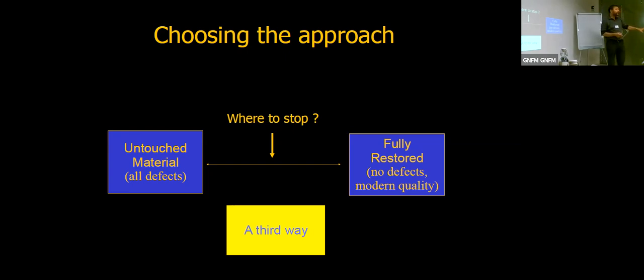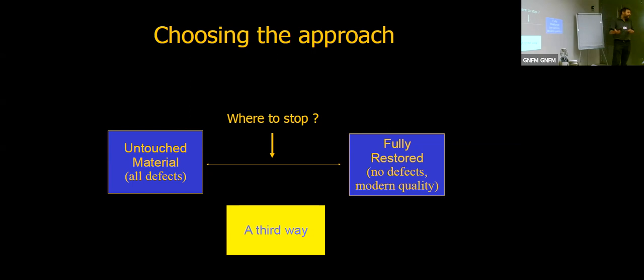In some cases, the Cinematheque has this very simplistic approach. They say, okay, I don't want to touch it. I digitize it, put it in the fridge. That's it. And this is the minimal approach. Then, on the other hand, I want to make it, wow, CinemaScope, Dolby, THX, perfect.